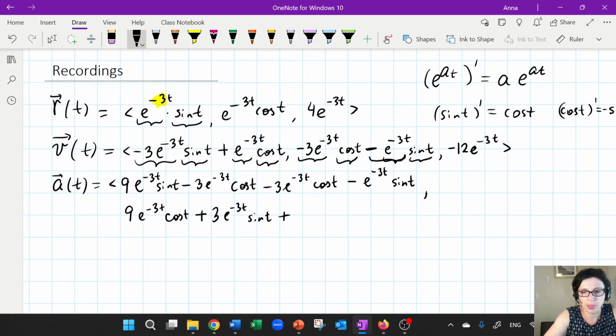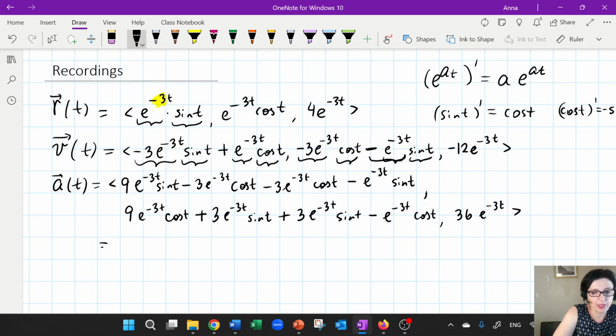Then here will be plus 3 e to the negative 3t sine, no change. And then minus e to the negative 3t cosine. Okay, for the last one, that'll be easy because negative 3 goes to the front. That'll become 36 e to the negative 3t.